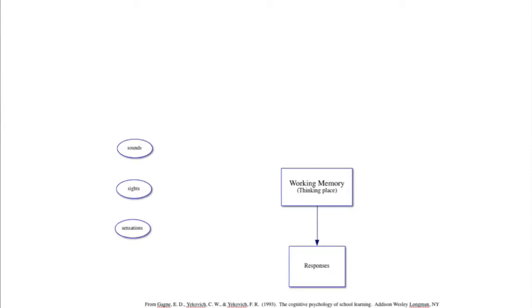We think, we act. But the next question becomes, what do we think with? We can be thinking with information that we get from our surroundings, which can include sounds, sights, and sensations. You listen, you see, and you notice.